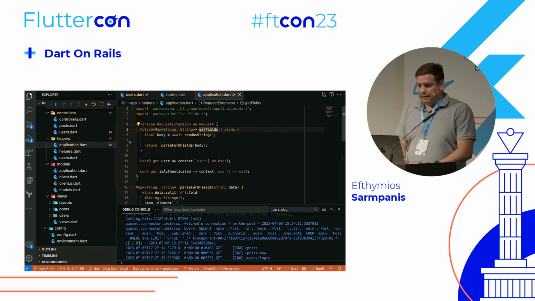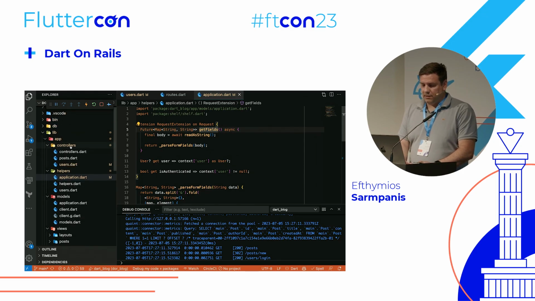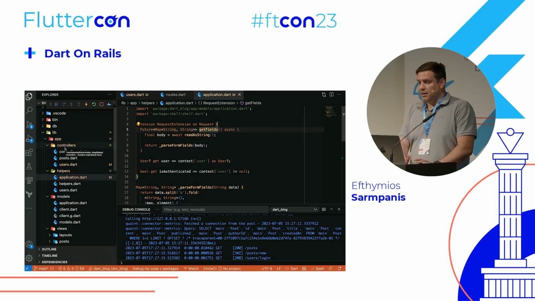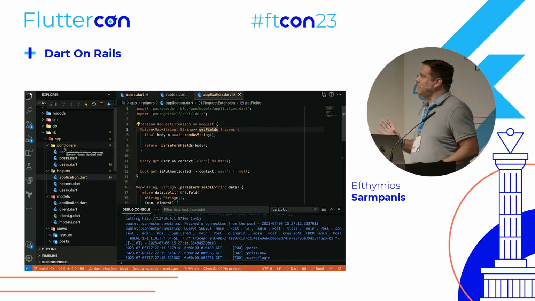So basically, what we have here is a representation of the structure of the Rails app. You have your database, you have your views, like your web views, and you also have your controllers. So you can have, not so quickly, but quite quickly, a Dart-based application.